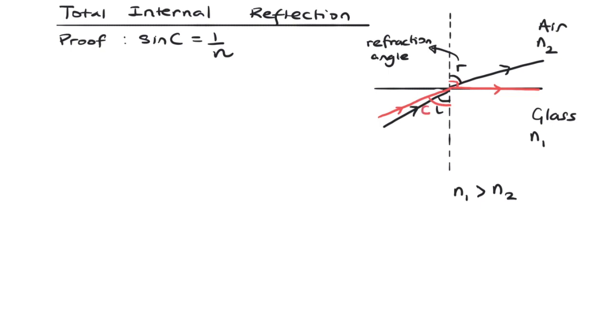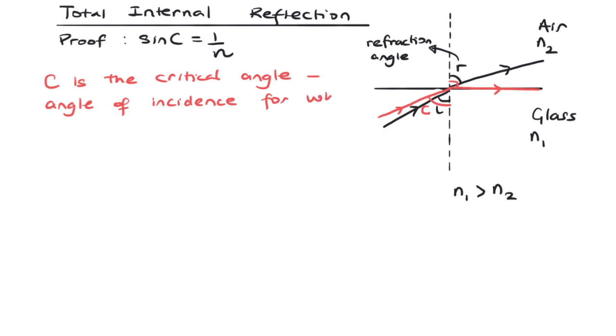I'm going to call it C, capital C. So I'm going to write this down. So C is the critical angle, and it is the angle of incidence for which the angle of refraction is 90 degrees.